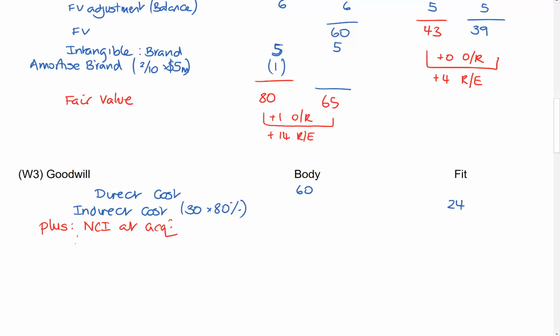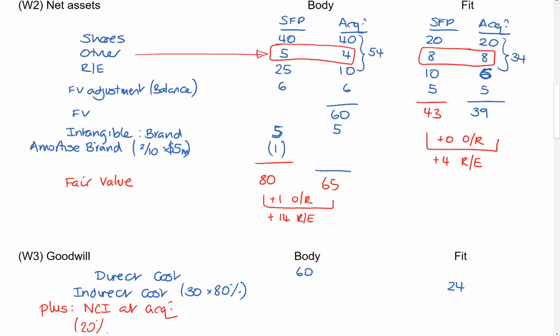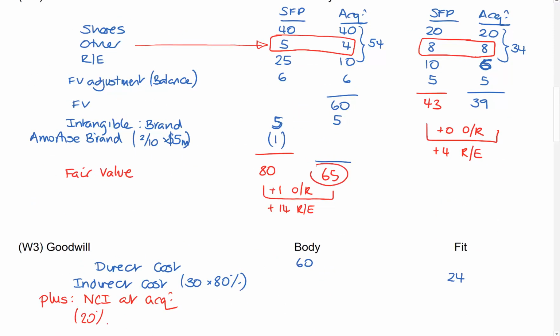They just want to say what's the value of the net assets. So for body, the NCI have 20%. 20% of what? At the acquisition date, the net assets are 65.